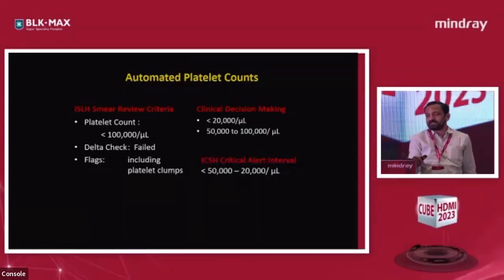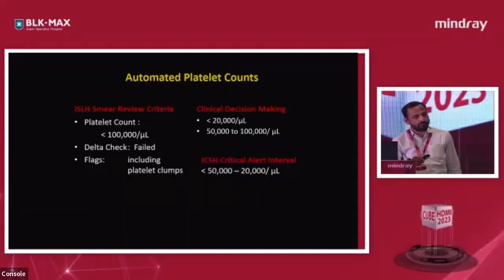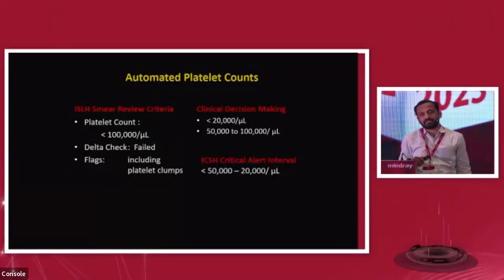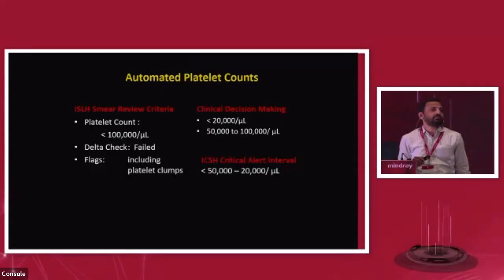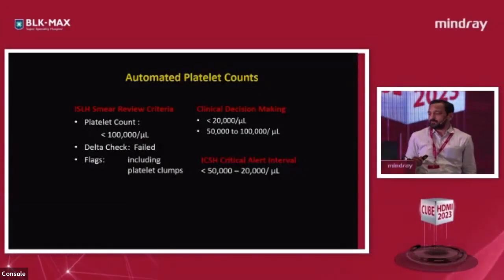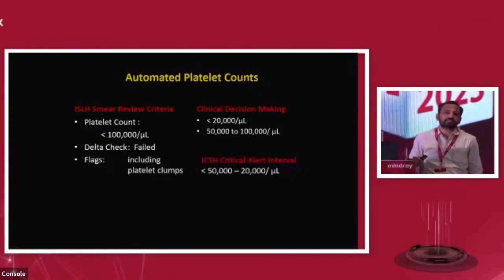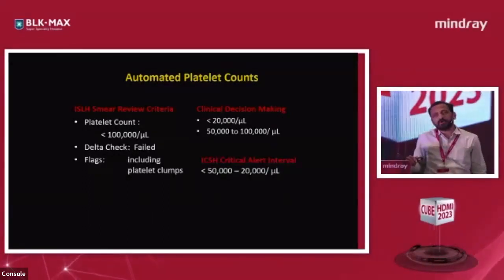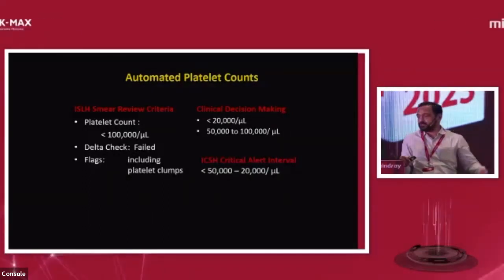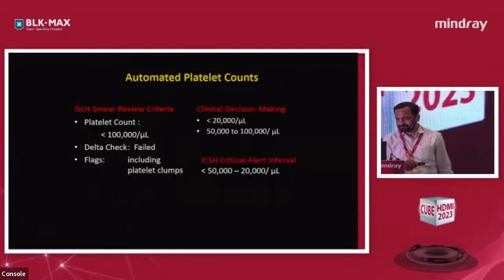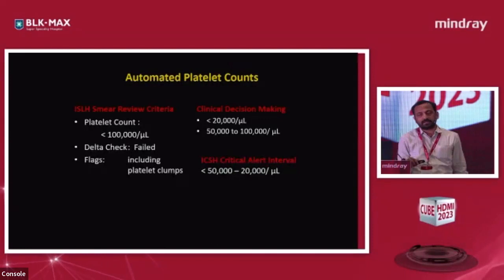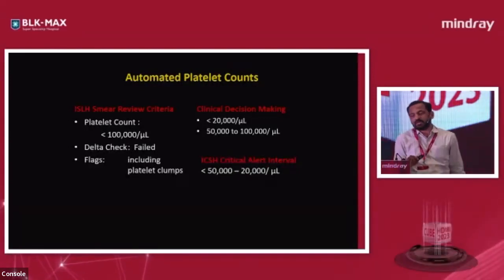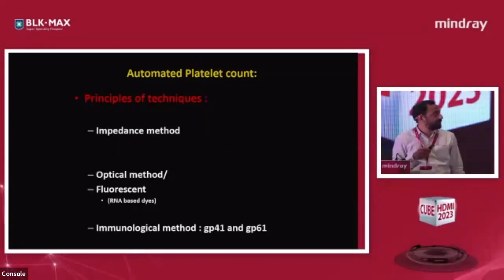Apart from that, for clinical decision-making values, of course, a platelet count of less than 20,000 must have a smear review. But 50,000 to 100,000 also is an area which needs significant consideration for smear review, and the reasons we have seen in the previous presentations also. And the ICSH critical alert interval has been defined as less than 50,000 as the parameter.